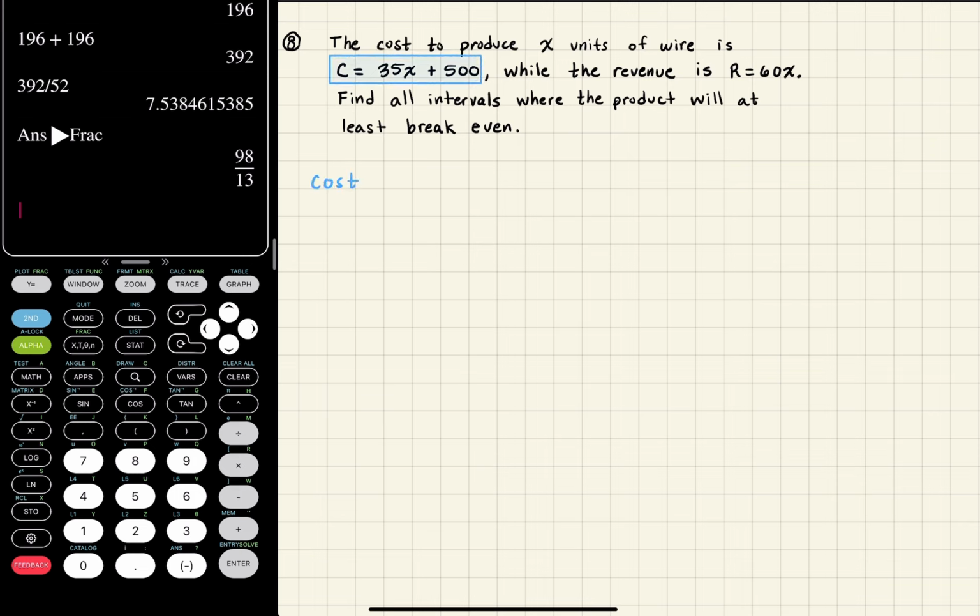So I'm going to write cost. Then it says the revenue is this. So this represents the revenue. Revenue is how much money you bring in total, not your profit, just the total money you bring in.